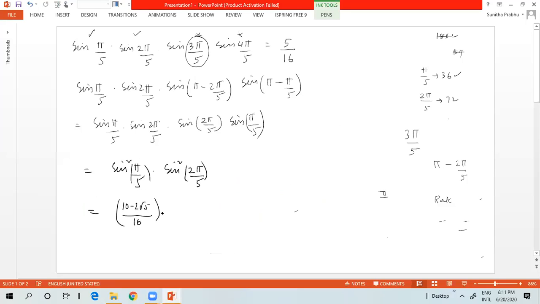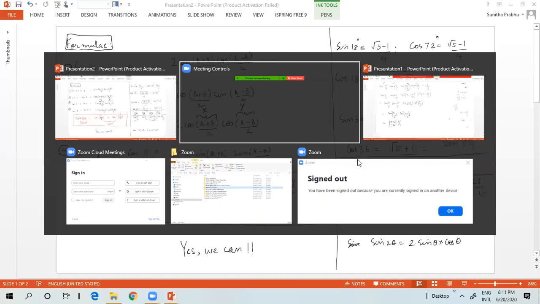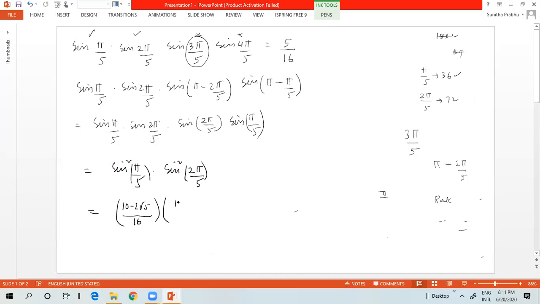Yes, sir. And sine square 2 pi by 5: 2 pi by 5 means 36 into 2 is 72. Sine 72 is square root of 10 plus 2 root 5 by 4. So the square root will get cancelled: 10 plus 2 root 5 by 16.